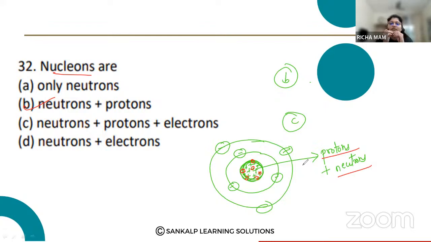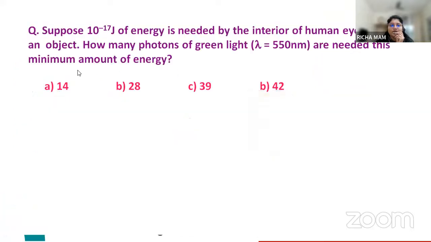Around this, the electrons are revolving around the nucleus, and this is called the electron shell, where the electrons stay. So in the center, protons and neutrons are present, which together are called nucleons. So option number B is the answer. Okay, let us go for the next one.